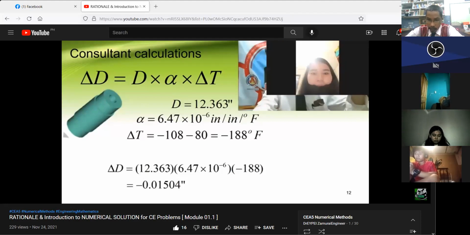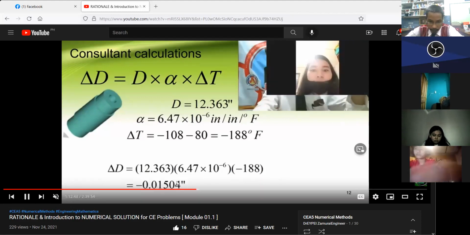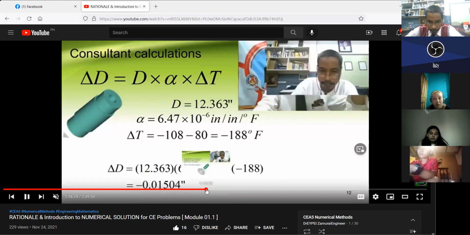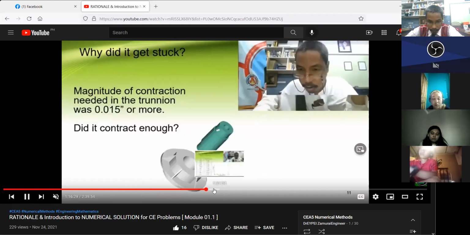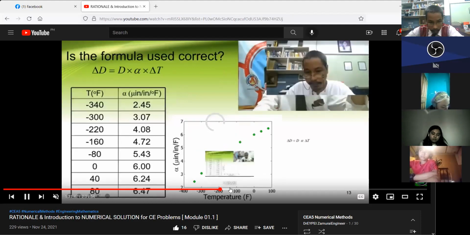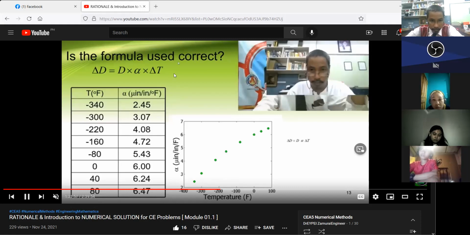Because of that heat absorption, we have this kind of change in the size of the component. Let's just continue. So this is the formula used.